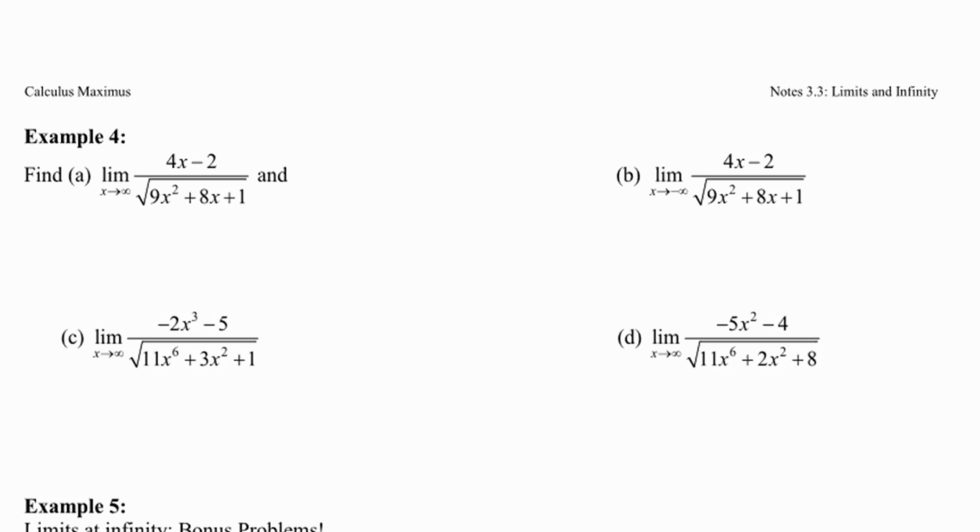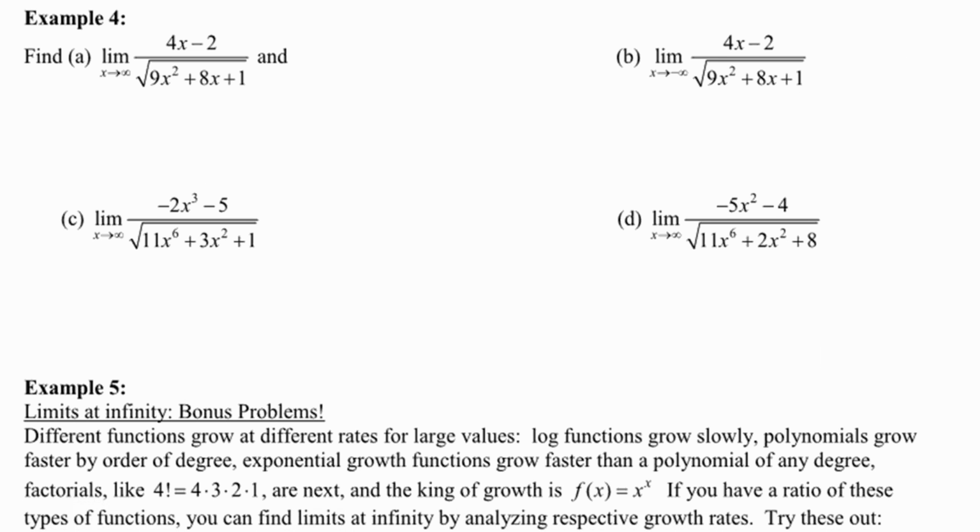Now this is a little bit different. It's not as easy to see the degree of the numerator or the degree of the denominator. In this case, they are the same, because if you took the square root of just this term, we would get 3x. Now, since that is the same degree as the numerator, we can apply our rules.